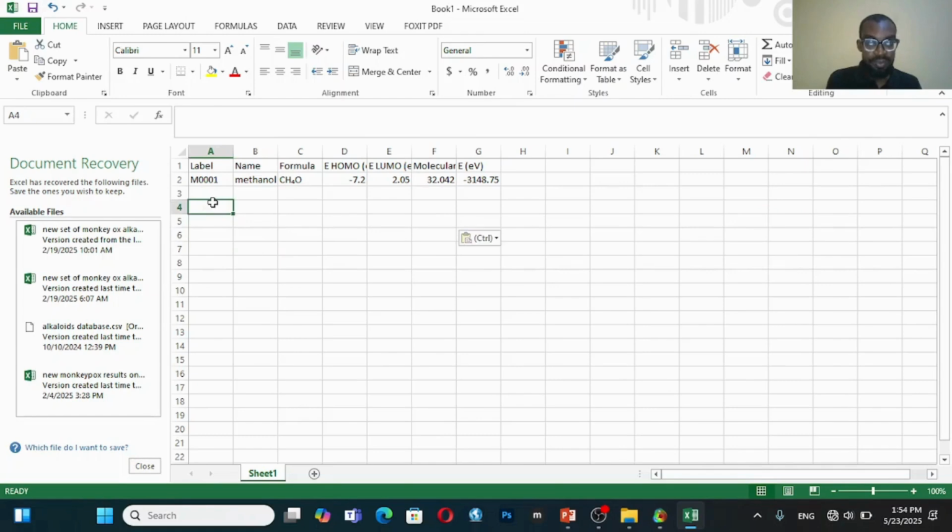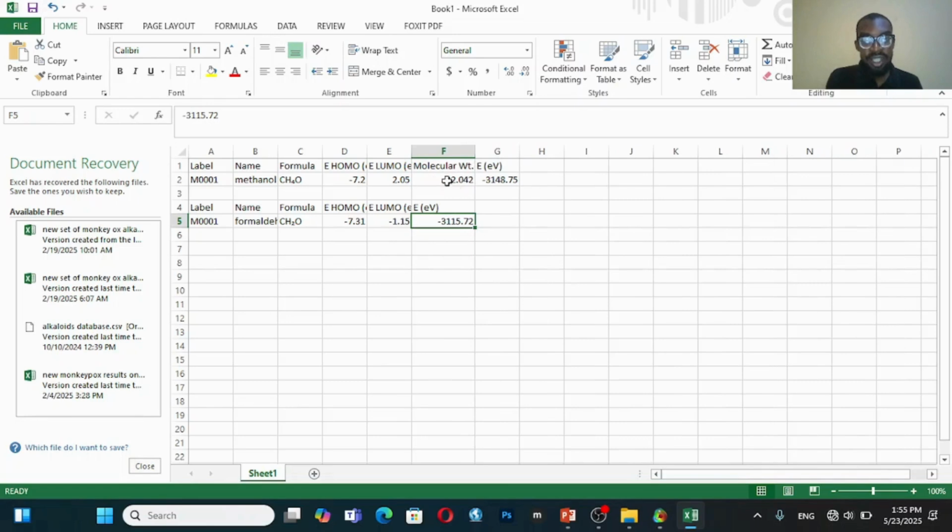Okay, good. Now we can see this is quite interesting. We can see that E-HOMO for methanol is minus 7.2, E-LUMO minus 7.31, you can see it for both.